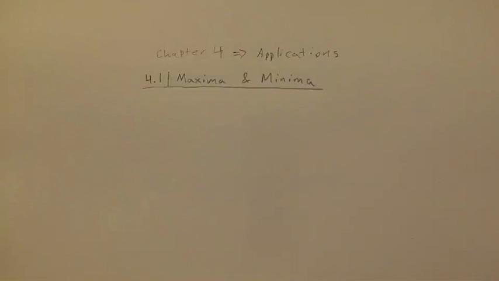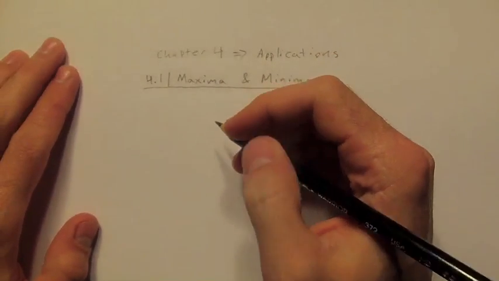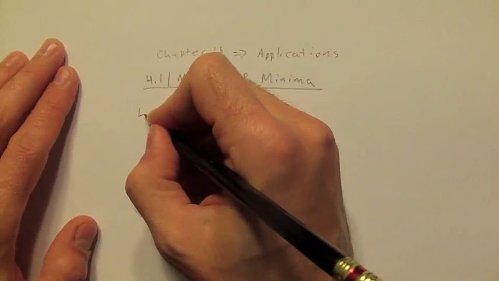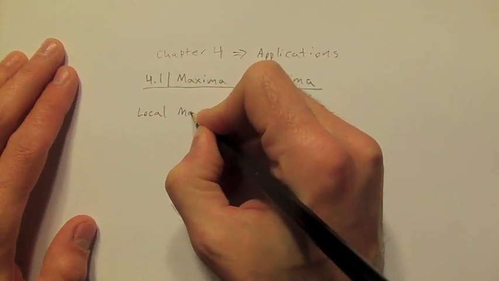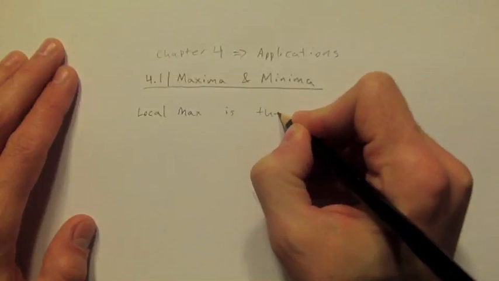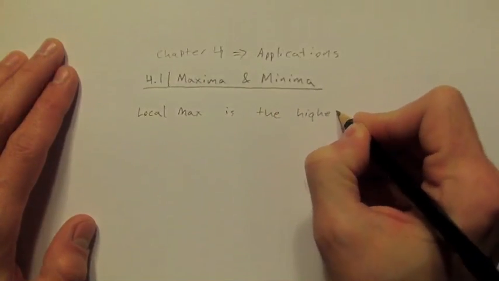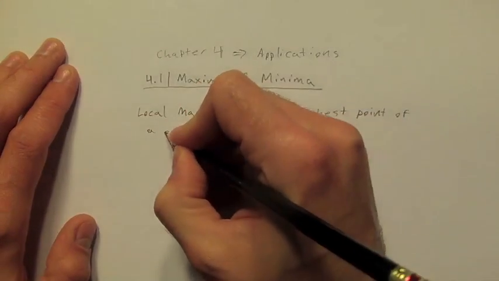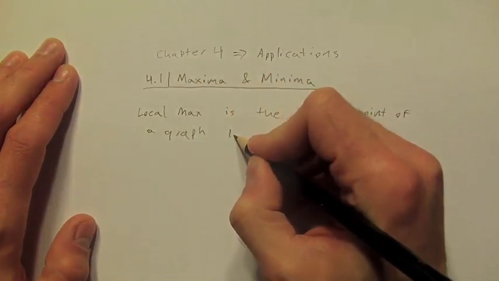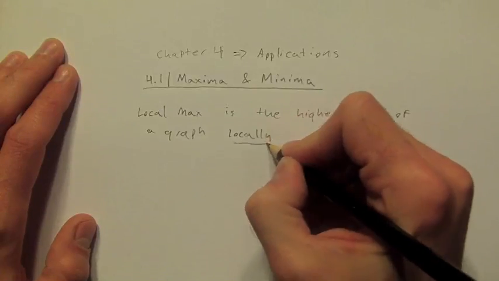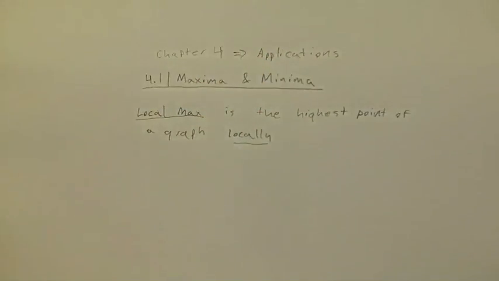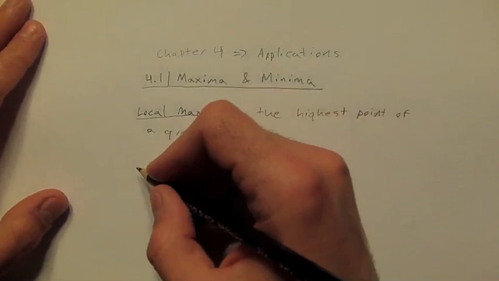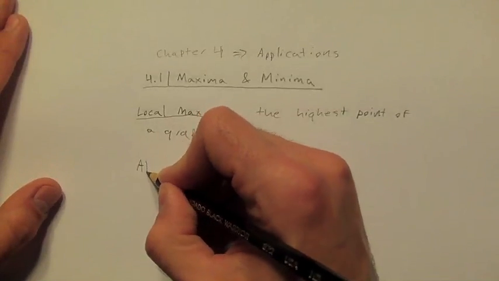And I'm not going to spend a lot of time in this early definition, but a local max is the highest point of the graph locally, and you really shouldn't use the name in the definition, but it's kind of opposed to the absolute max.